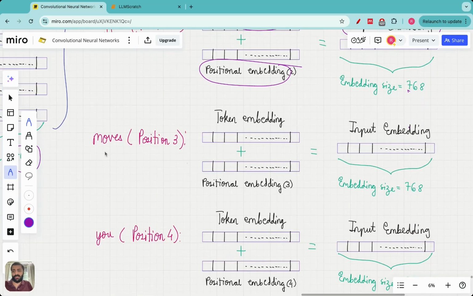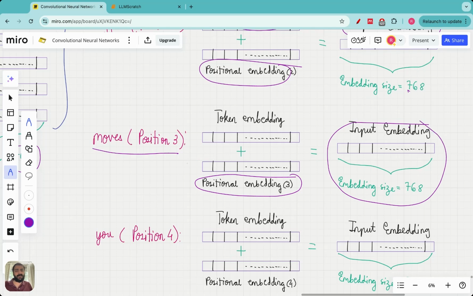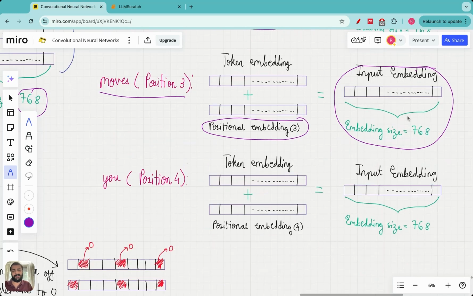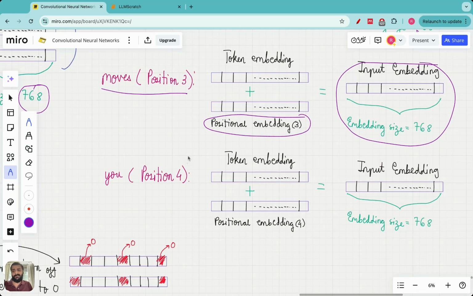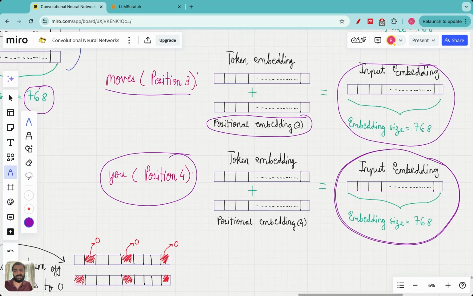Now we move to the third token, which is moves. This is in position 3. So we'll take the token embedding and add the positional embedding vector for position 3, and that leads to the input embedding vector for moves, which has an embedding size 768. Similarly, for the fourth position, which is you, we take the token embedding and add the positional embedding, and we get the input embedding, which has the size of 768.